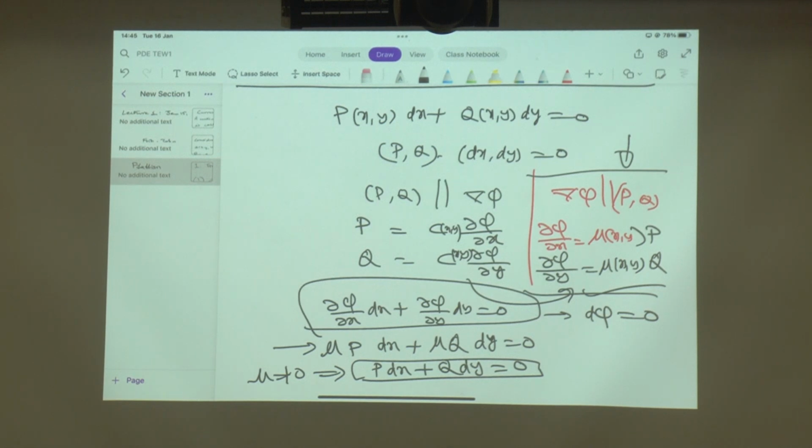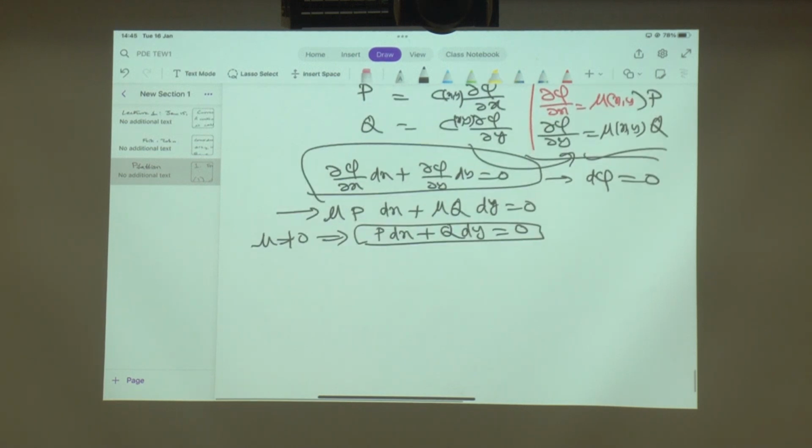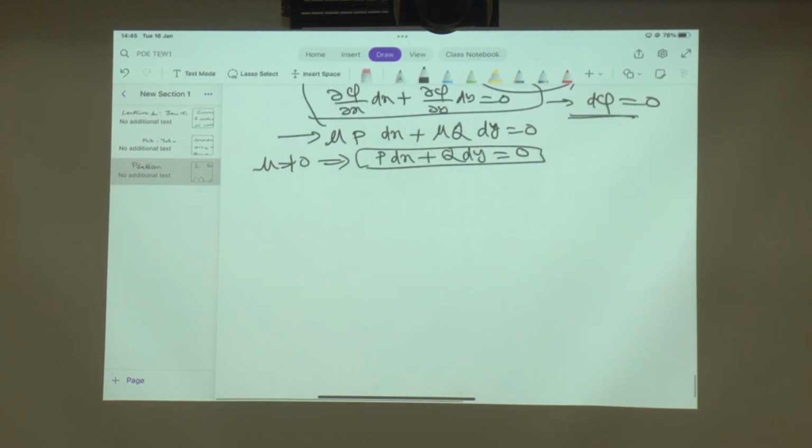So what we have shown, using Picard's theorem of course, is that every Pfaffian in two variables has an integrating factor. After multiplying with such a mu, it becomes d phi equals 0, therefore phi equal to constant will represent solutions. So that's the remark.